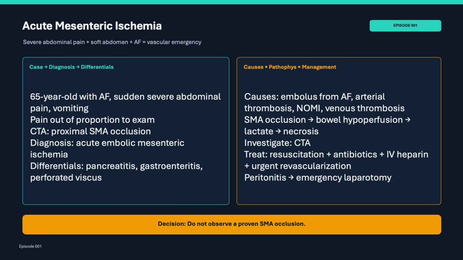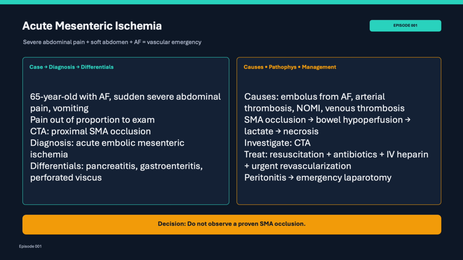The basic pathophysiology is interruption of intestinal blood flow. This causes mucosal ischemia, bowel wall injury, bacterial translocation, metabolic acidosis, and rising lactate.